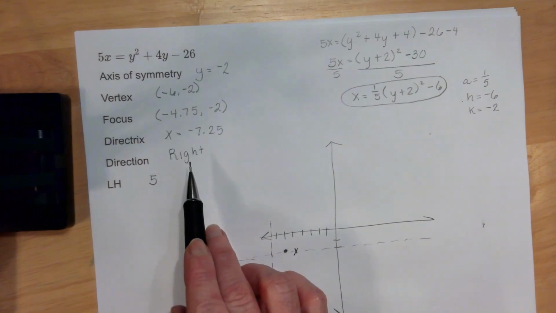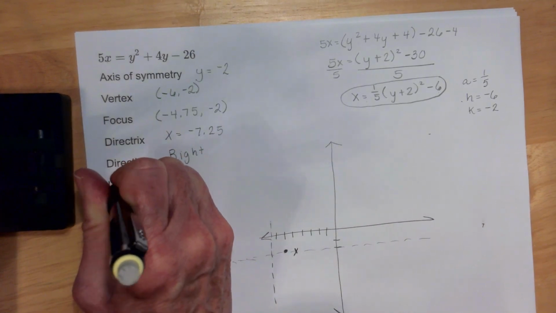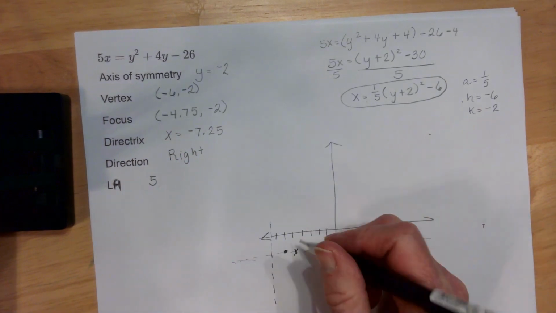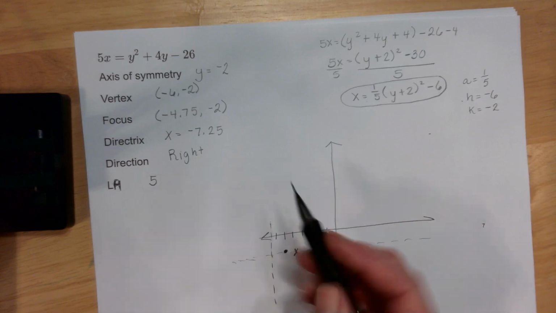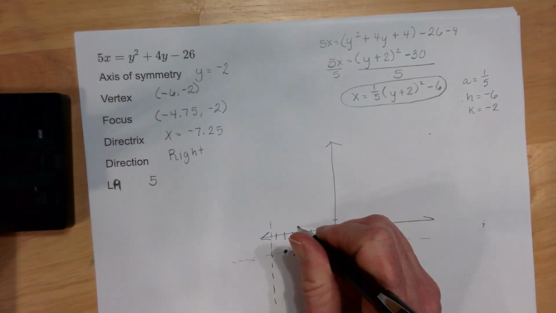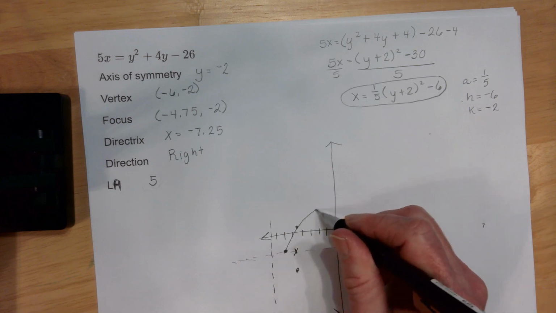The length of the latus rectum, I don't know why I wrote an LH, it should be an LR. Okay, same on the last one. That should be up half of that, so up 2.5, halfway up from your focus. You're going to go up 2.5, you're going to go down 2.5, and then you're going to draw your parabola.